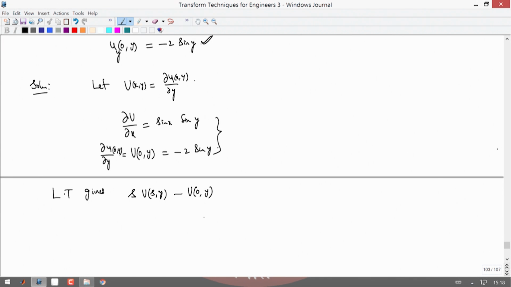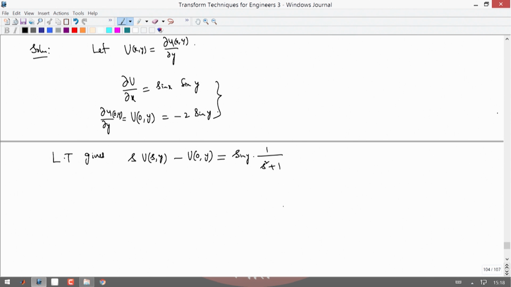So, that is equal to, with respect to x you are doing, sin y times sin x, which will be 1 by s square plus 1, the Laplace transform of sin x is this. So, you have this condition goes, okay, sorry, we have s times capital U(s, y) plus 2 sin y equal to sin y times 1 by s square plus 1.